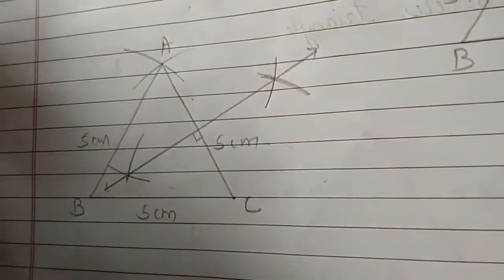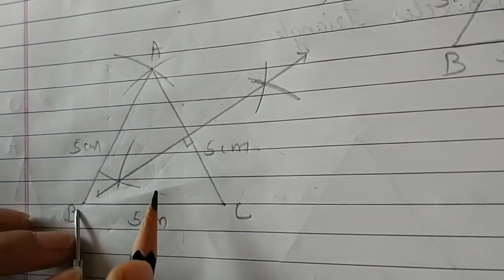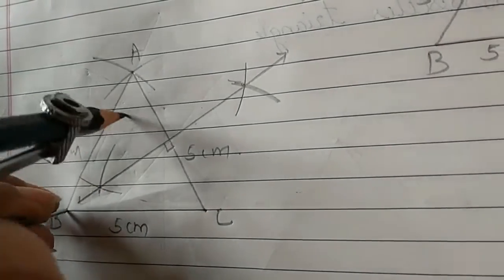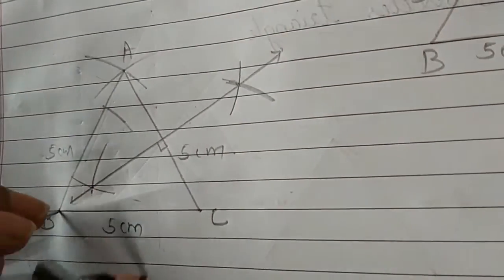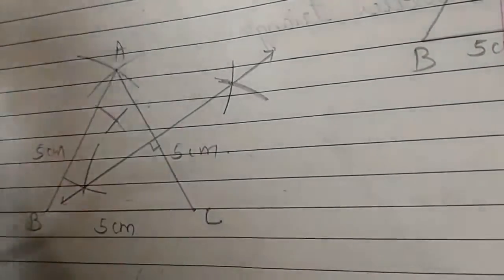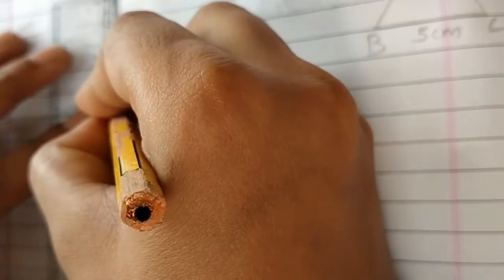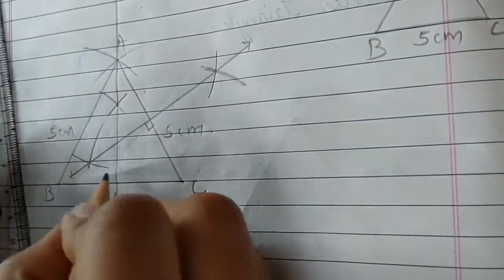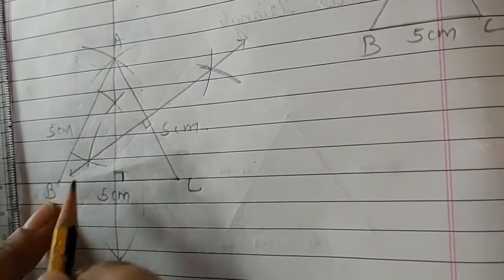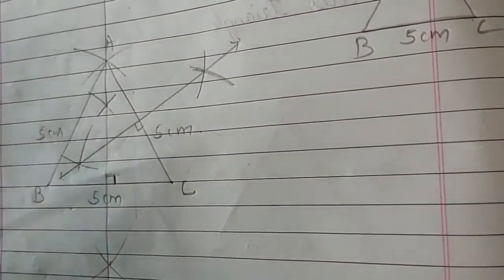Now same thing I will do with base, same distance. I am keeping my rounder point on B. I am making an arc here and here. Same thing I will keep my rounder point on C, making an arc over here and here. Now I get 2 arcs. I will join these 2 arcs. So I get a perpendicular bisector of segment BC.